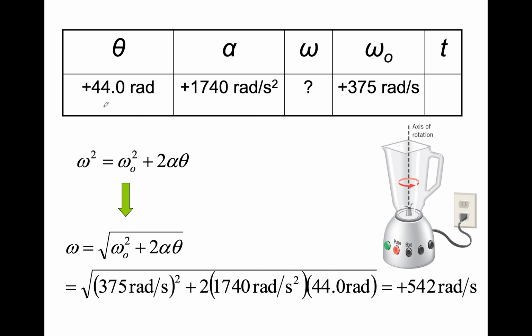We just need to take the square root of the right-hand side, plugging in all the numbers. We find the final angular velocity is 542 radians per second.